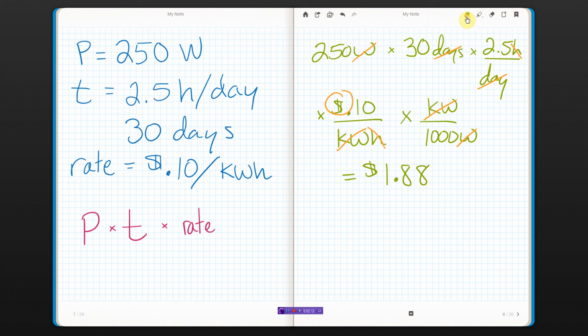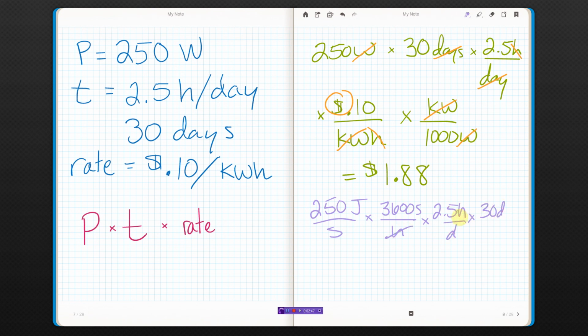Okay, now another way that you could do this is to go through the definition of a kilowatt hour. And if you do that, what you're going to do is start with, instead of 250 watts, do it in its base units, so joules per second. And then you could do 3,600 seconds in an hour times the 2.5 hours times the 30 days.